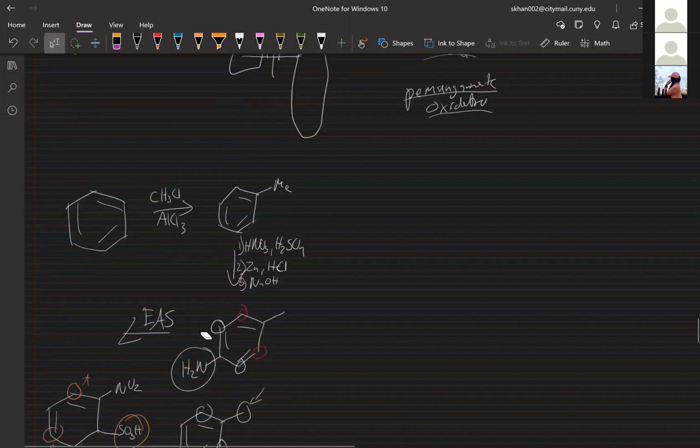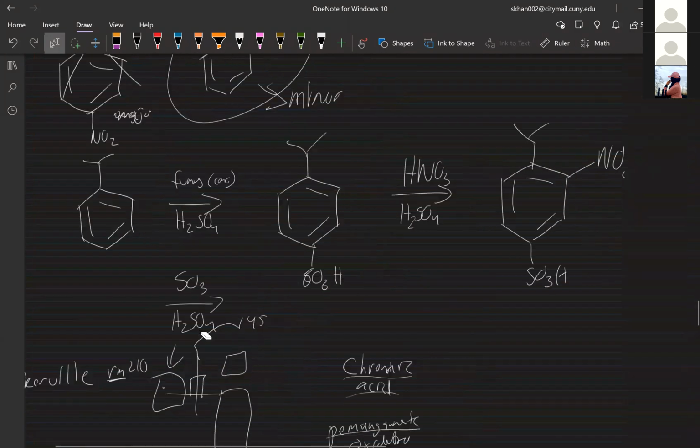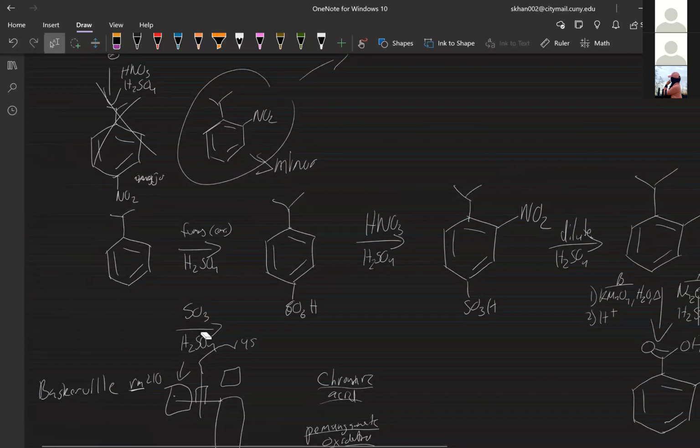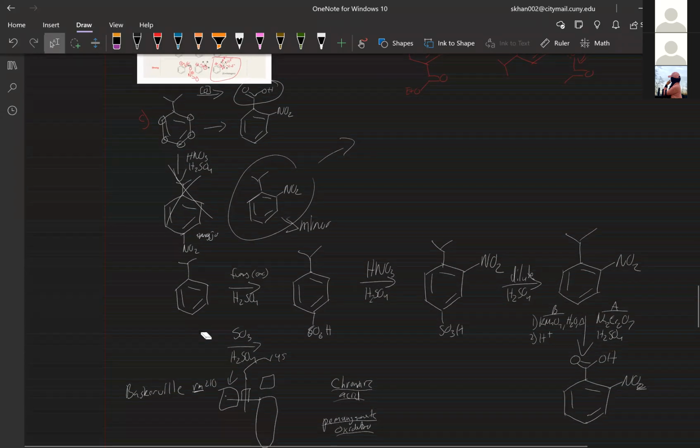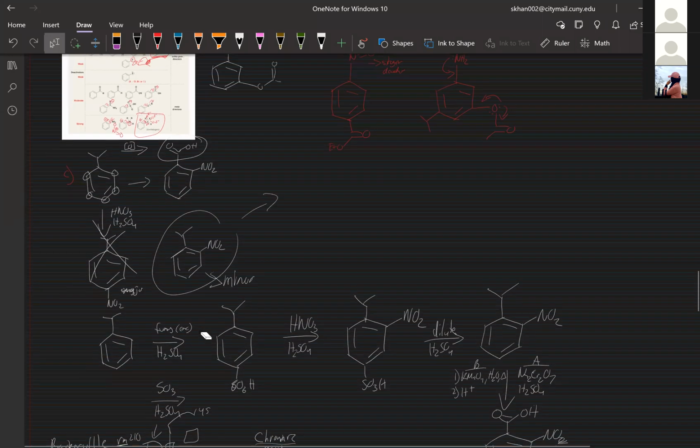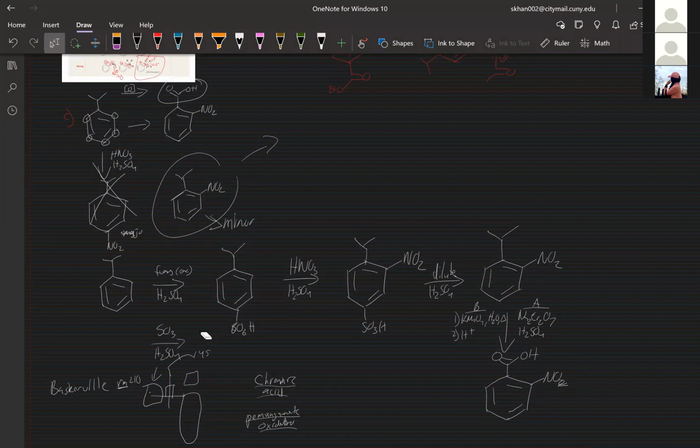It's literally just sulfonate when needed. Basically, when you want to block a para position or a certain position, you could just sulfonate, do your next reaction, and then desulfonate, right?